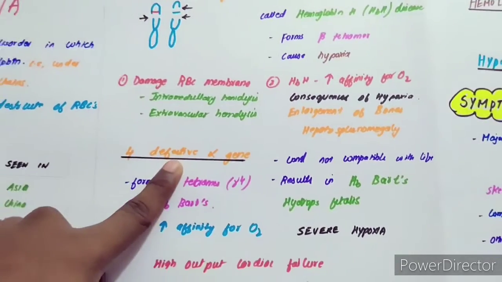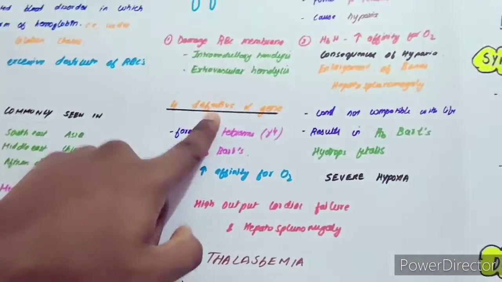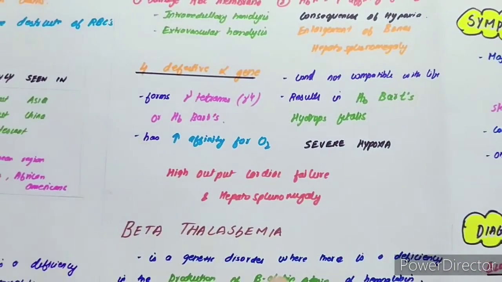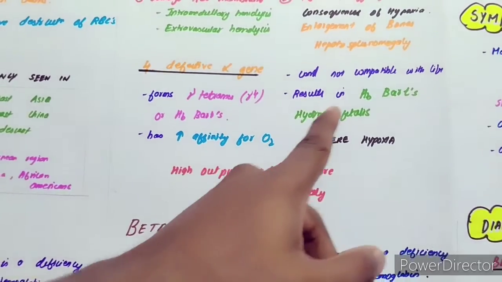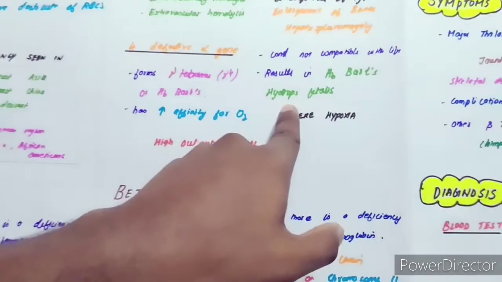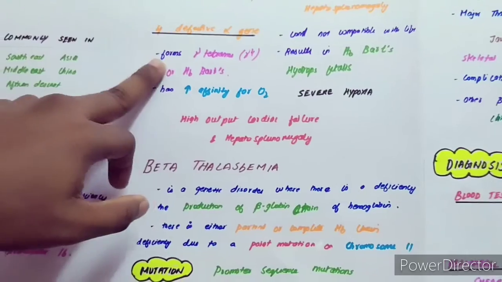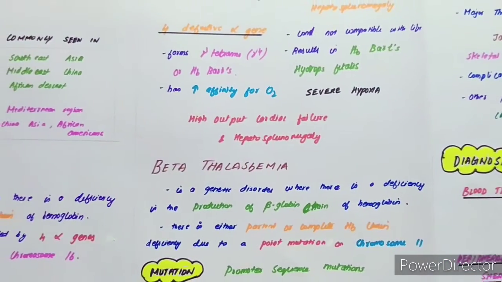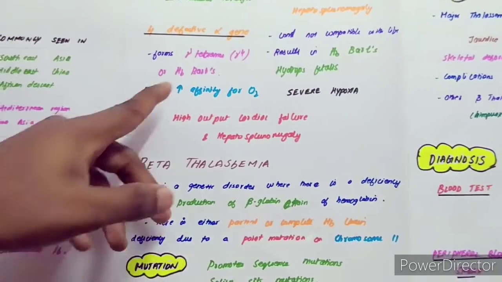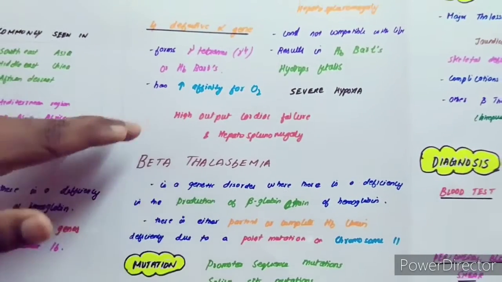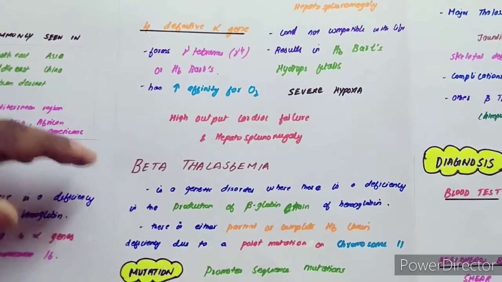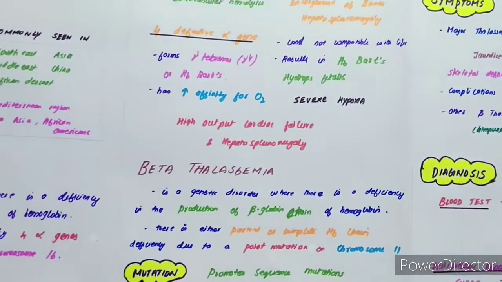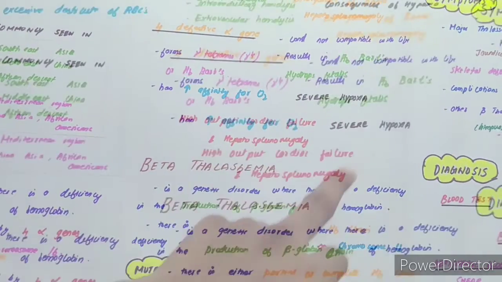If 4 defective alpha genes are present, that condition is not compatible with life, because no alpha globin chains are produced, resulting in Hb Bart's hydrops fetalis. In the fetal stage, only gamma tetramer is formed, or it is also called Hb Bart. Therefore, there is no synthesis of alpha globin chains, and this Hb Bart has high affinity for oxygen, which causes severe hypoxia.